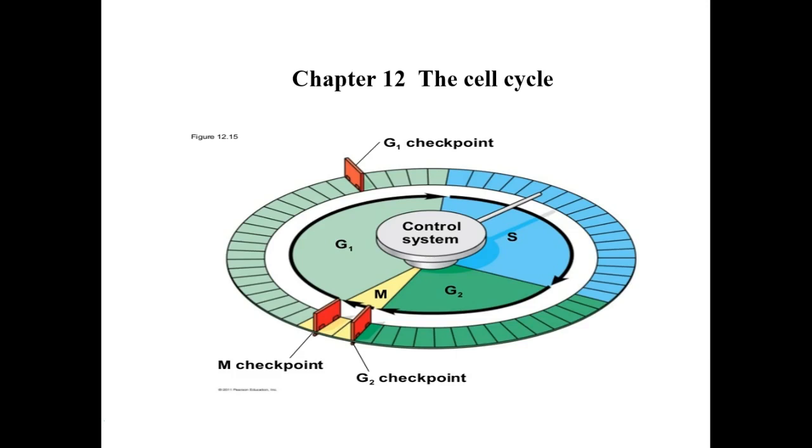These checkpoints are governors that make sure that this cell is actually still functioning normally. And if you have a cell that's not functioning normally, maybe because it's too old or has lost its viability, then other things might happen. It might need to be destroyed and replaced.